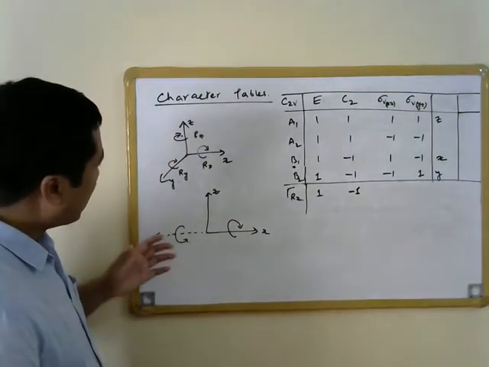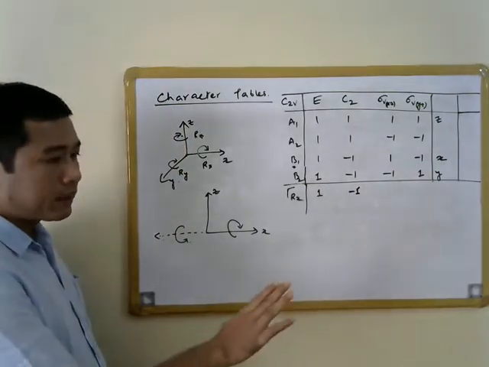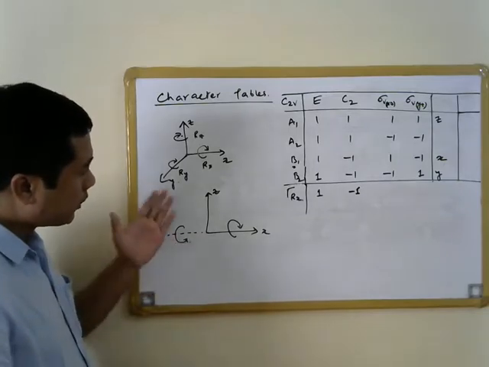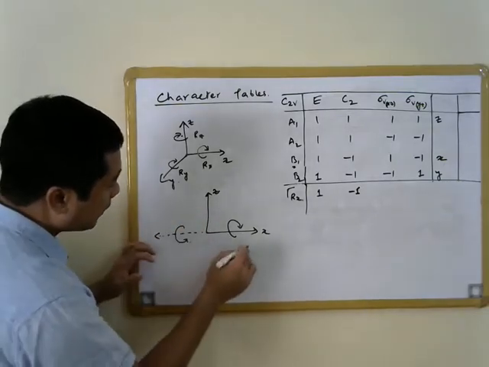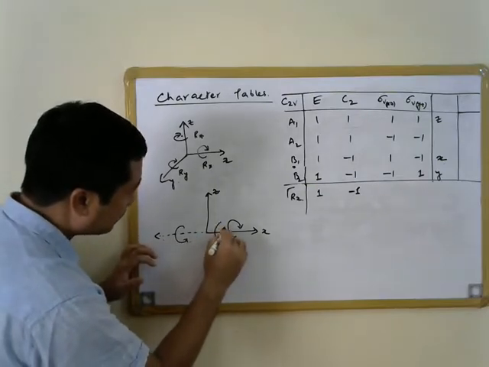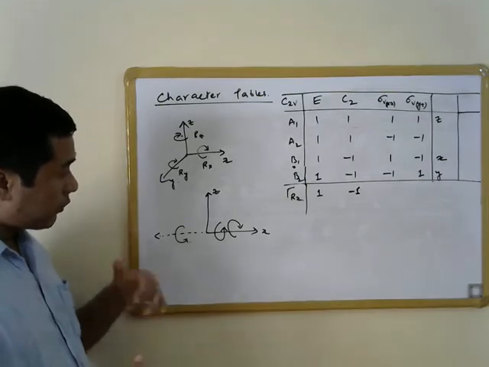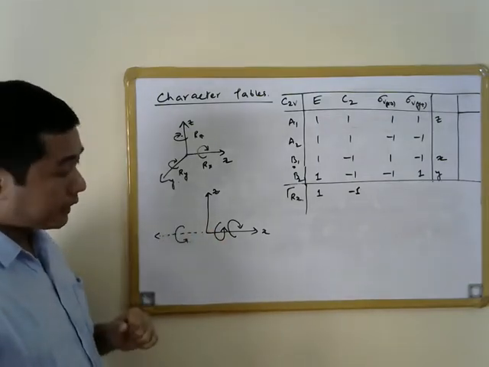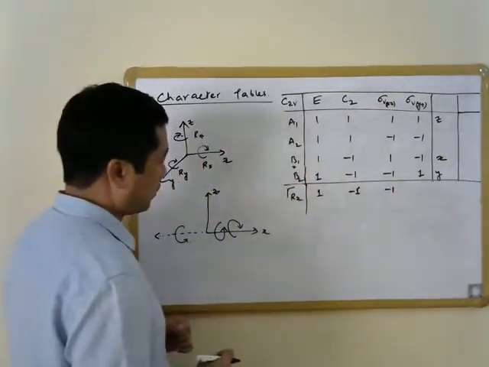So then let's do sigma v xz. Sigma v xz is the plane which is lying on the plane of the board. When we do that, the direction of the vector will get reversed when we do reflection with respect to the sigma v xz plane, and that is why we write once again -1 over here.